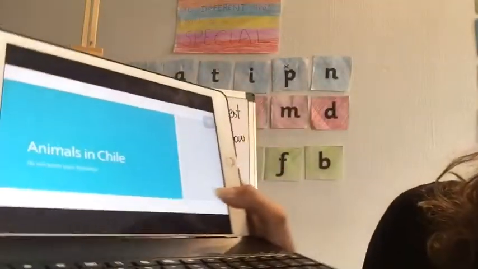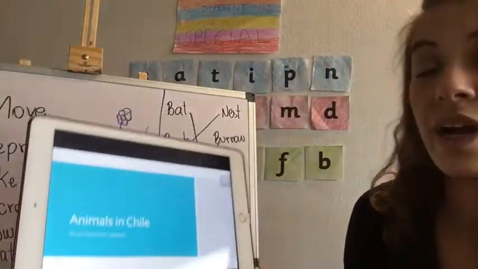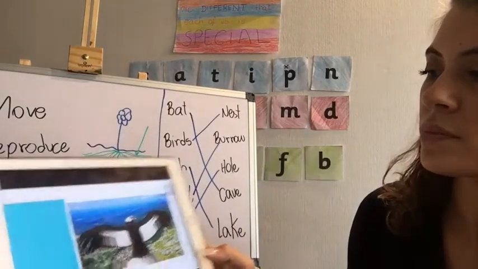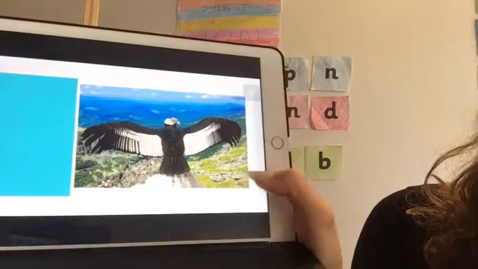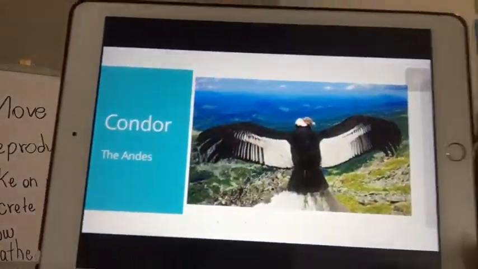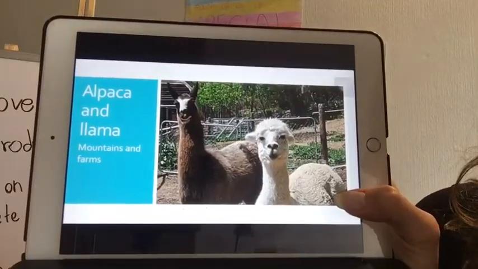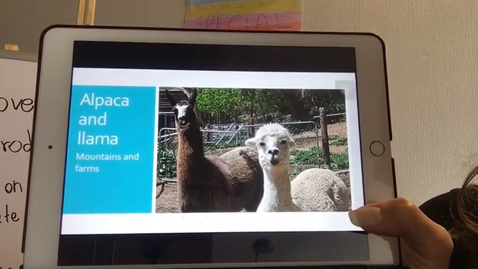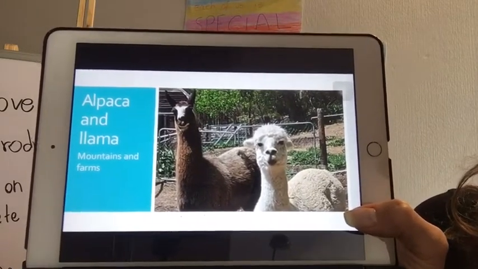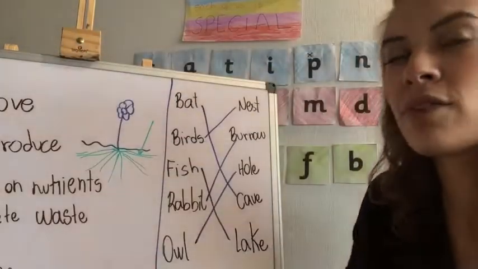Animals in Chile. Do you know their habitats? Have you seen this animal before? It's a condor, alpaca and llama. You can see alpaca and llamas in the mountains or in a farm as well.